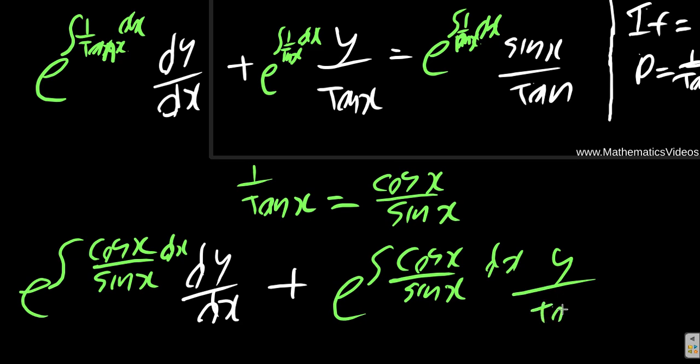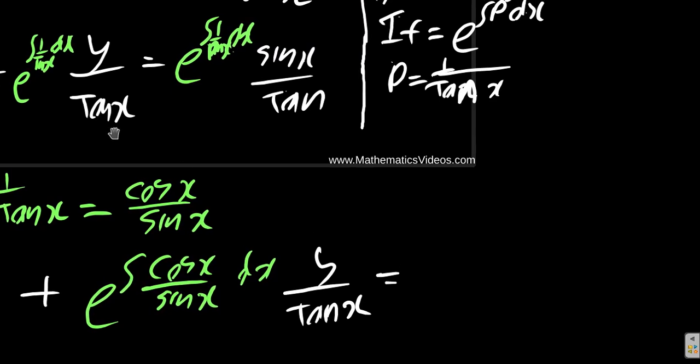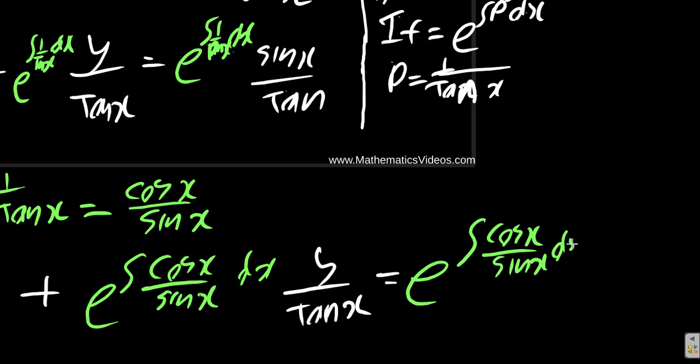Alright, let's keep it as tan x for now. This is equal to e to the integral of cos x over sine x dx times sine x divided by tan x. Okay, good.